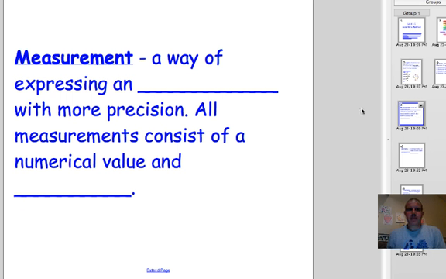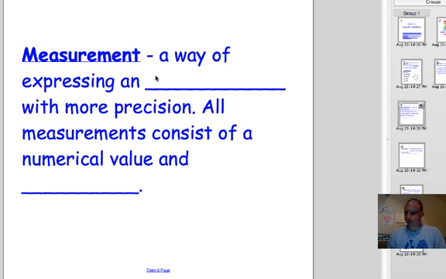So in science, we take a lot of different measurements, and a measurement is a way of expressing our observations in a more precise way.